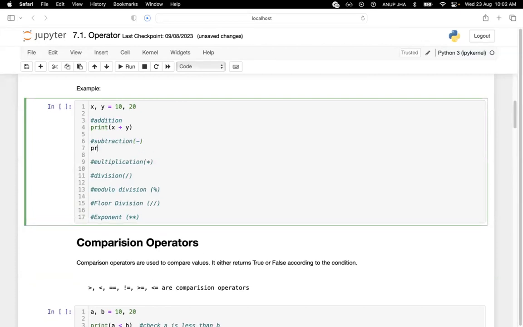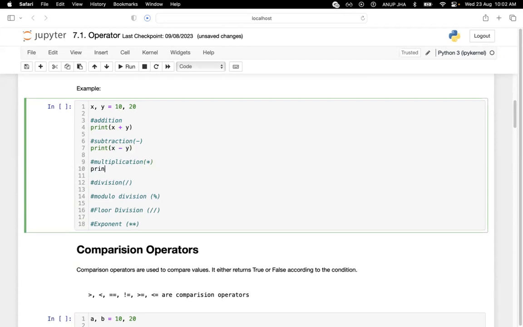Print x minus y. Print x multiplication y.